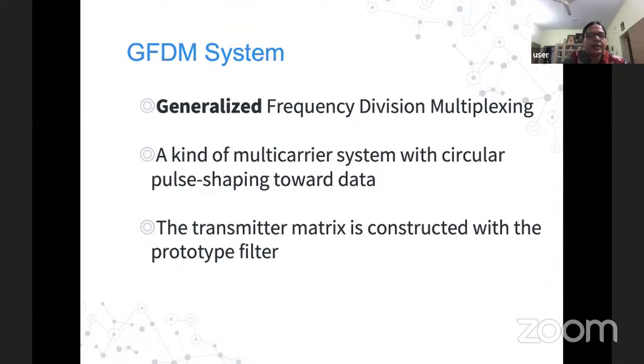But here, what extra thing we are using for generalized frequency division multiplexing is some pulse shaping filters, circular pulse shaping filters towards your data. That means we are confining your band to your own band. We are not deviating from one band to the other band.